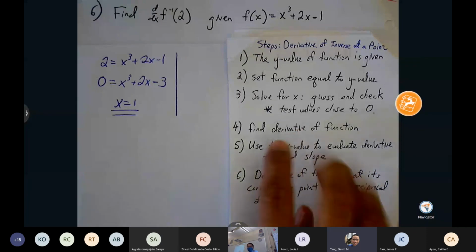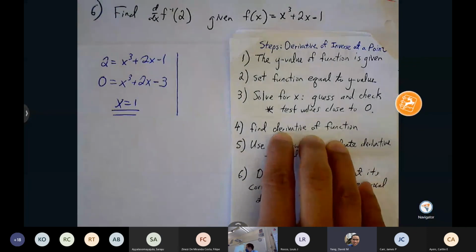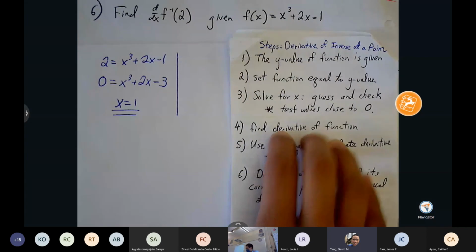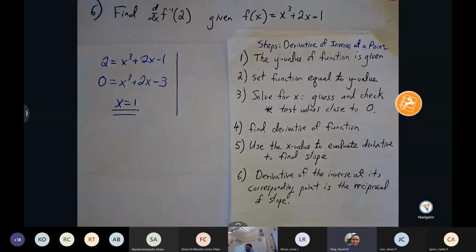Okay, next step, we want to find the derivative of our function. What's our derivative? 3x squared plus 2.